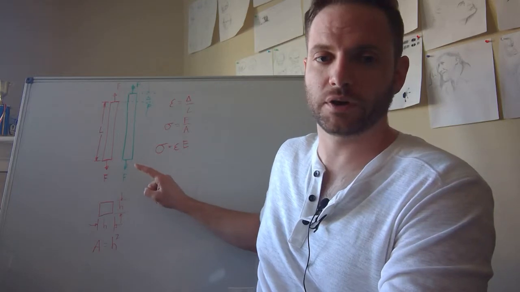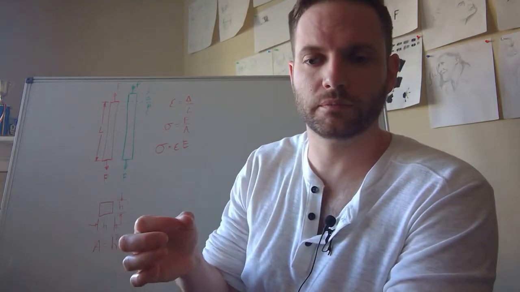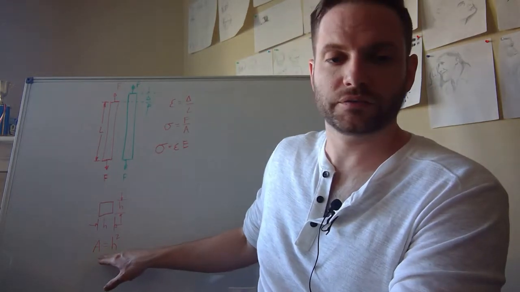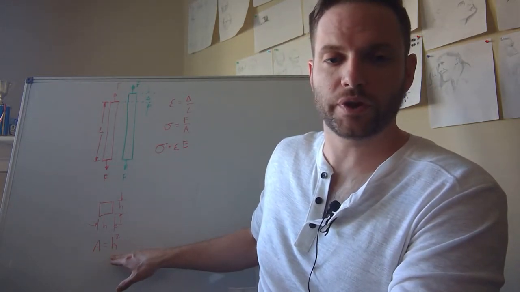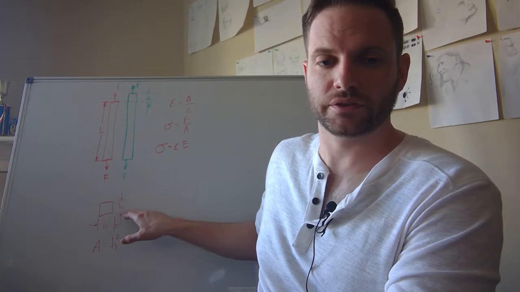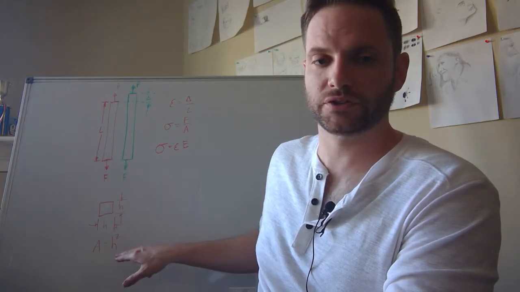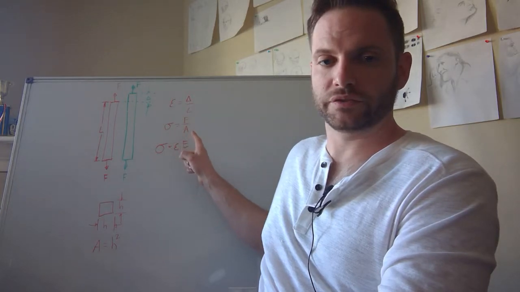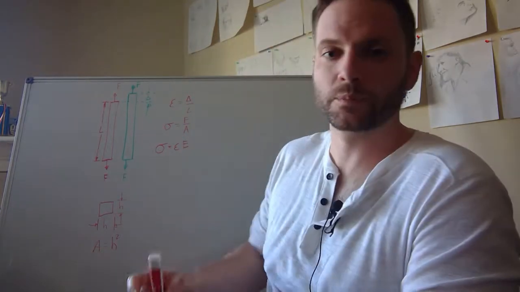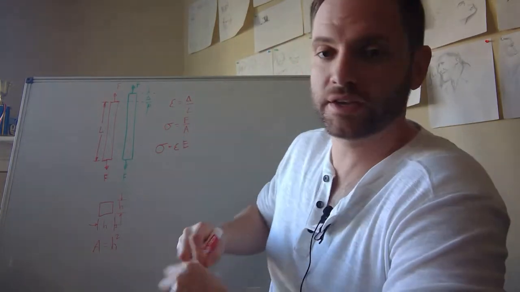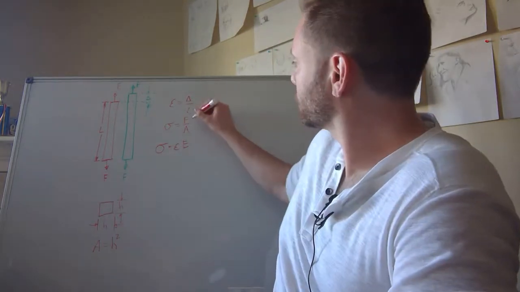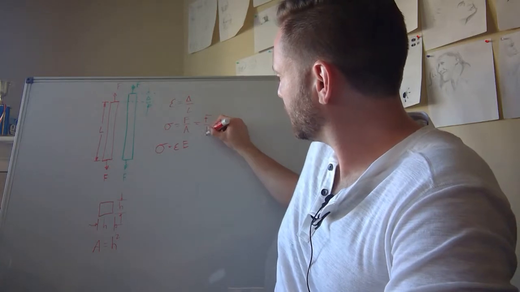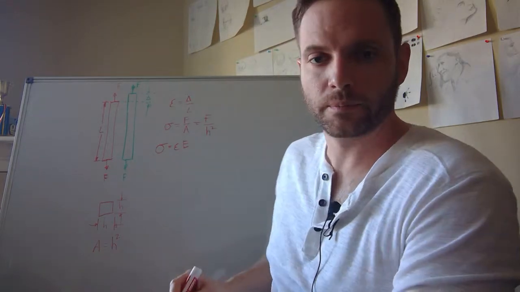So this entire bar is being put under the force F. Its area is h squared because each side is length h. So area is h squared. Its stress will be F divided by A. In this case, for this bar, it is F divided by h squared.